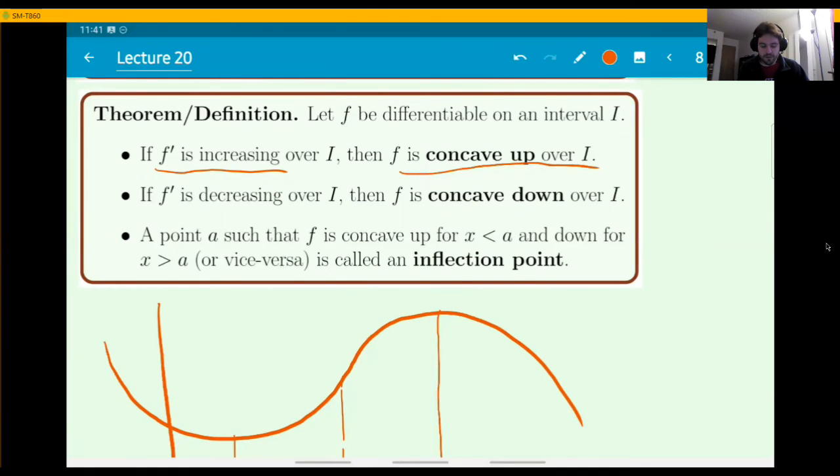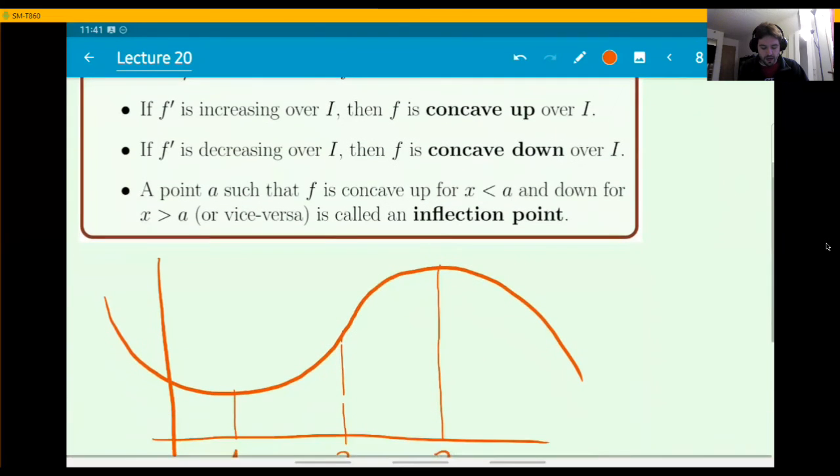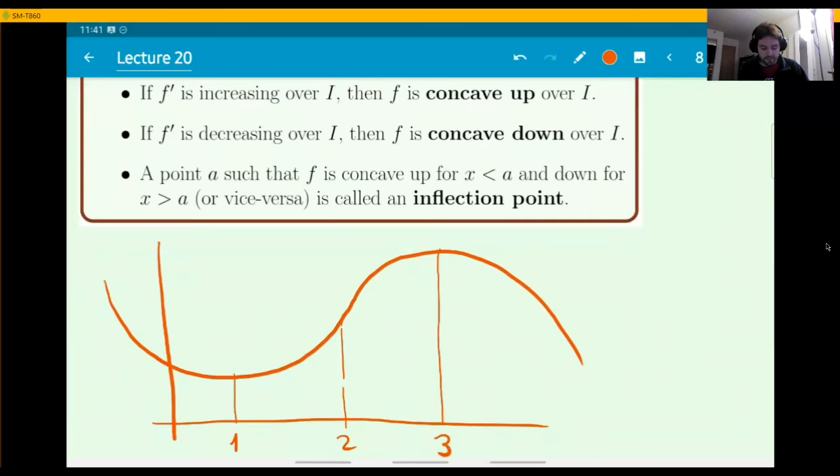I'm going to go down to the example before we move to the next point so we can see this. Look around, before the number 2. So in this interval I here, the derivative is initially negative, then becomes positive, but that's irrelevant right now. What we're talking about is that it is increasing.